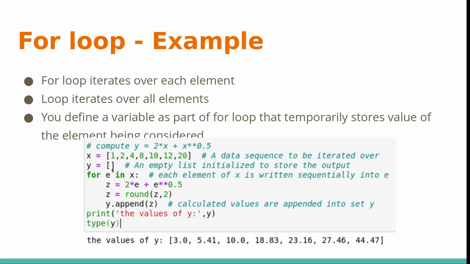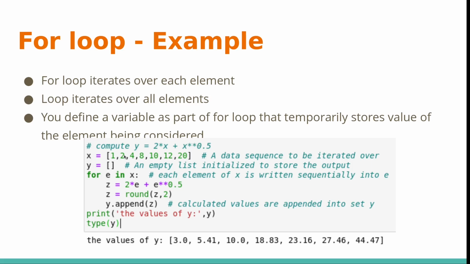And then I write my syntax for the for statement. I say for E in X. X again is this list that I want to loop over. And this E is a temporary variable in which I'm going to pick one element at a time from X and assign it to E.